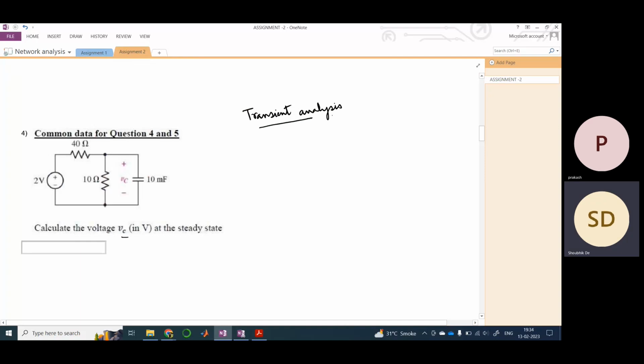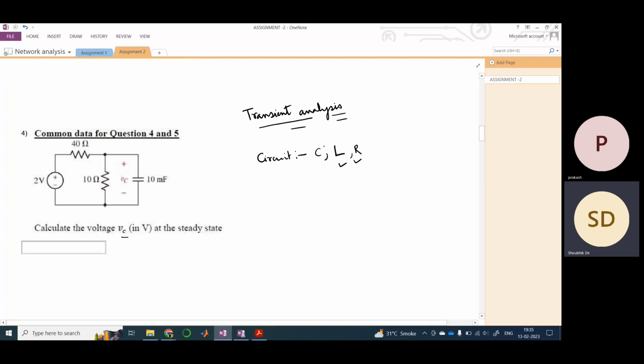Here you would be finding switches opening and closing. They would tell you the switch gets closed at t equals 0, or maybe after some time. The circuit would comprise a capacitor, or maybe an inductor L, along with a resistor.